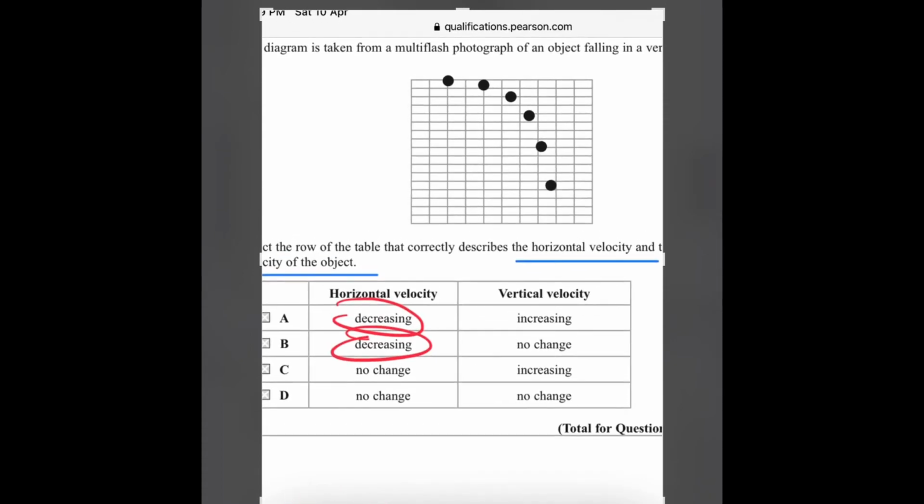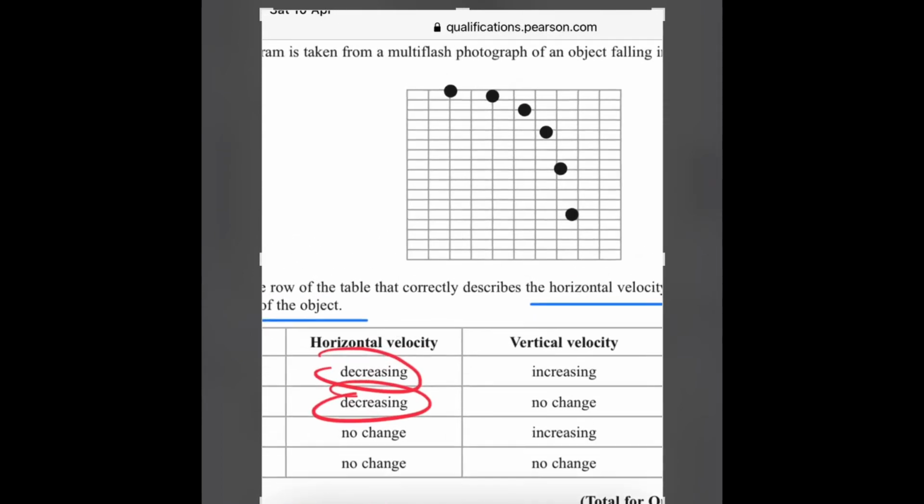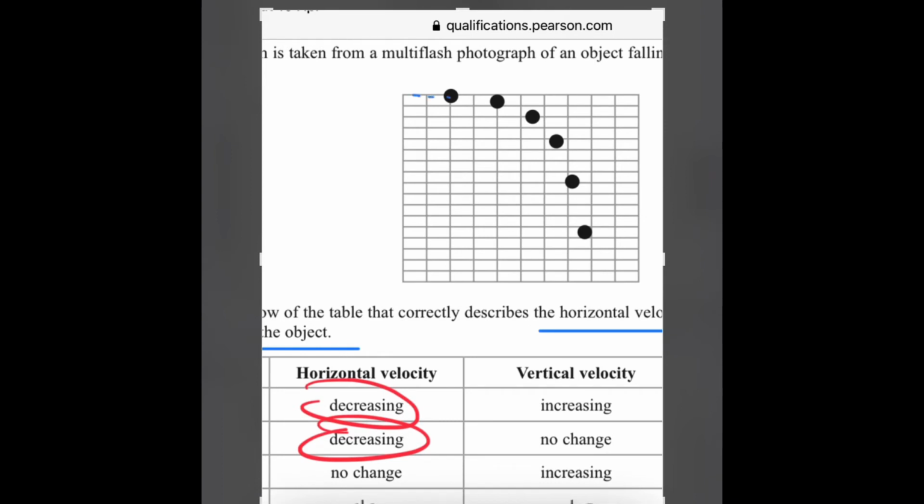Let's see the vertical displacements now for each second. So the vertical displacement is this for the first second, second second, third second, fourth second, fifth second, and sixth second. So for this scenario we can clearly see that the displacements are increasing, the distances between them are increasing with time.